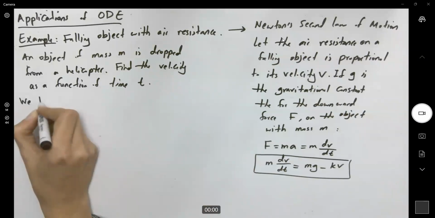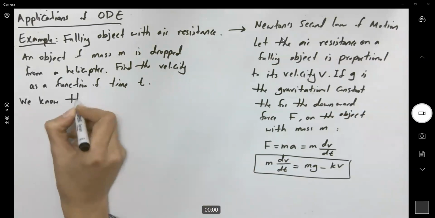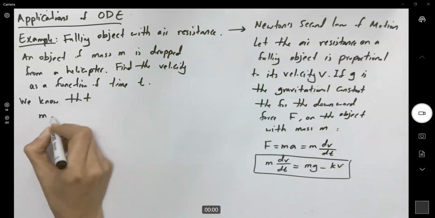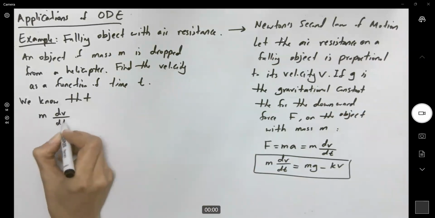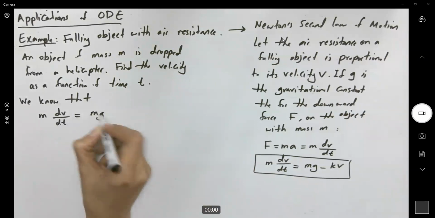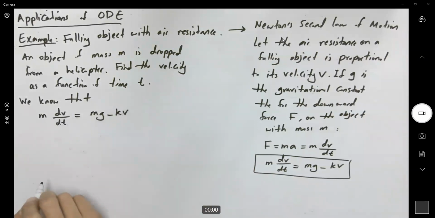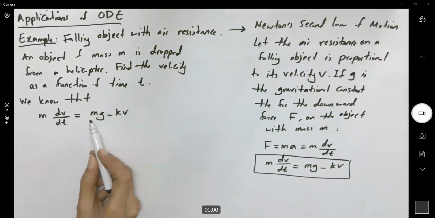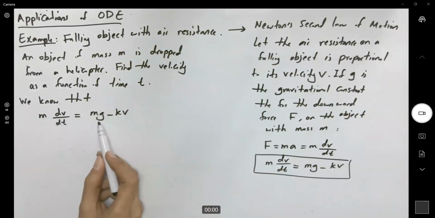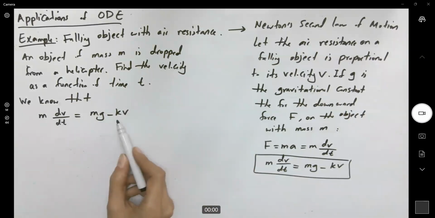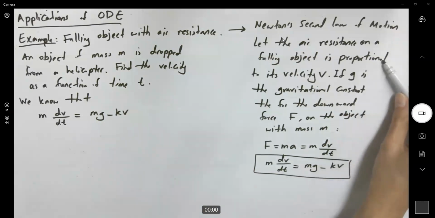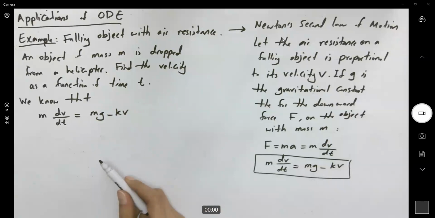So we know that m dv/dt is equal to mg minus kv. Remember that m is the mass, g is the gravitational constant, and k is the constant of proportionality.